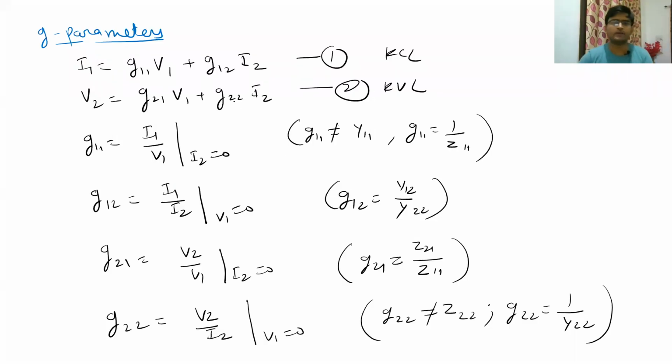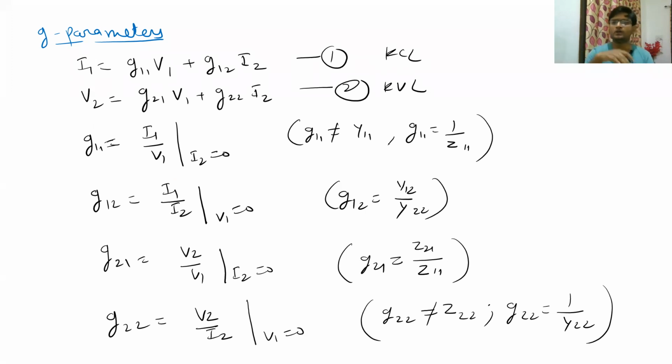Now coming to the G parameters, it is basically exactly opposite of hybrid parameters, and not as important as H parameters, but since we have to study it, these are the equations. The first equation represents a KCL equation, the second represents a KVL equation. You can pause the video and go through them.